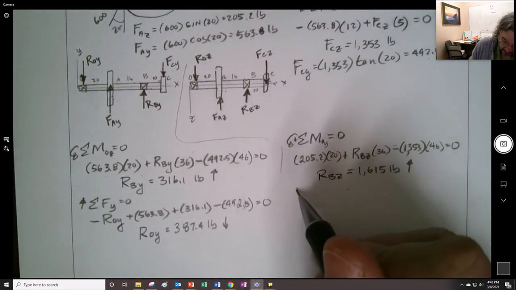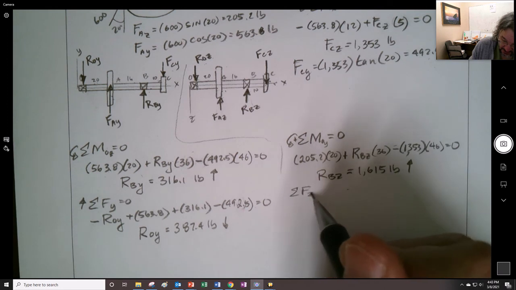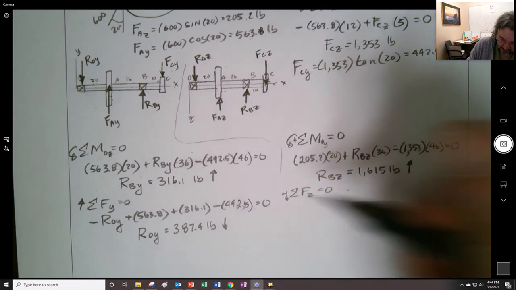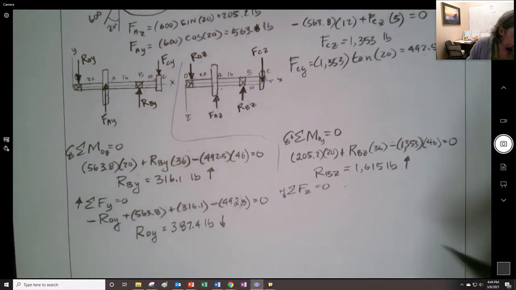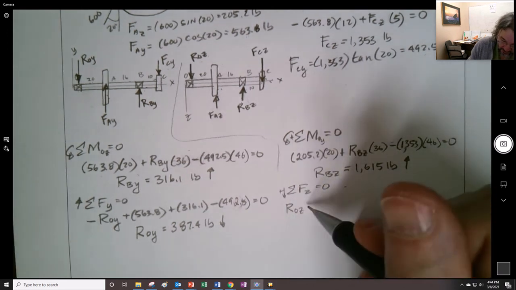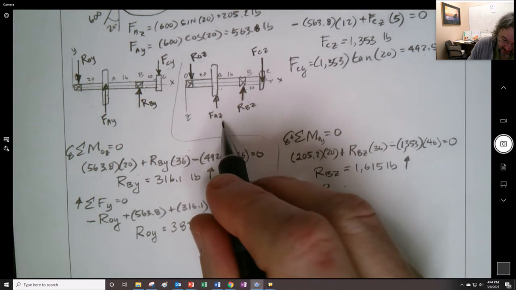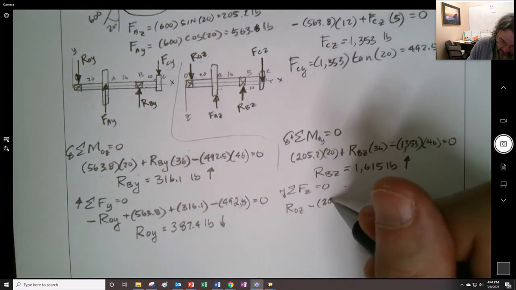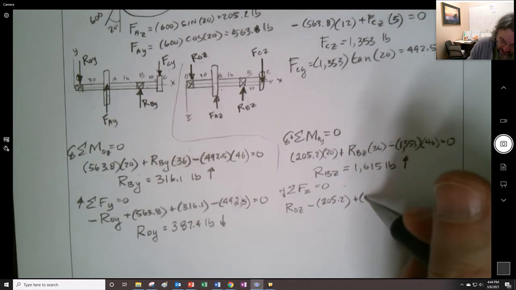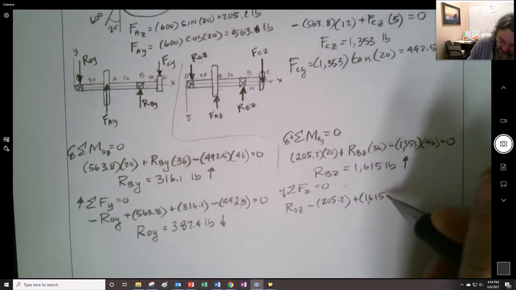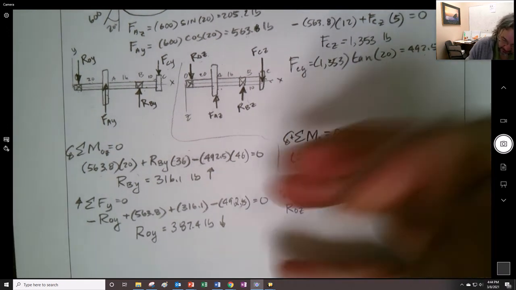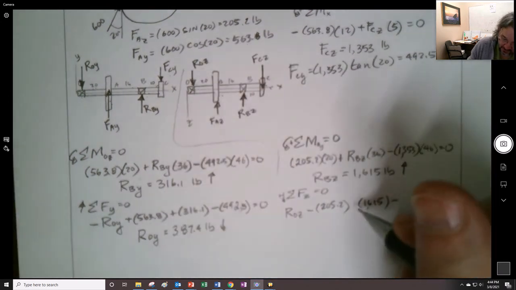And then summation of forces in the Z direction. And let's keep it consistent with how we've drawn the axis. So downwards is going to be positive in this case. So we have ROZ as we've drawn it, and it's going to be minus FAZ, which was the 205.2, and then we also have what we just found, 1615, and that should have been negative, my bad, because we are going in the negative direction there.